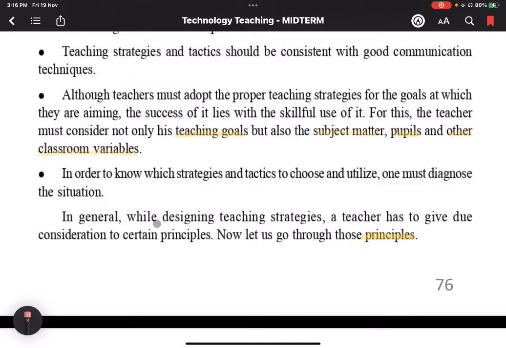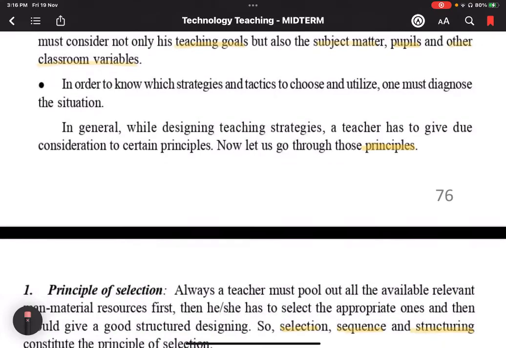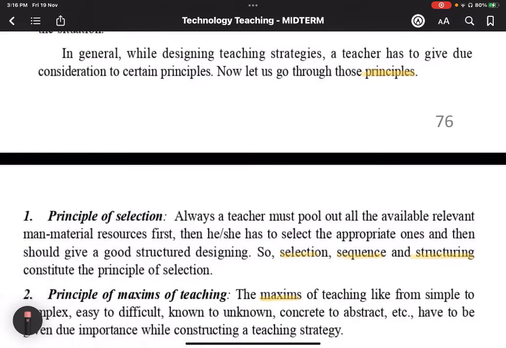Now, in general, while designing teaching strategies, teachers are to give consideration to certain principles. So after ng variables, after ng factors, after ng five steps na diniscuss natin kanina, we will discuss now the principles that a teacher must take into account in designing the teaching strategies.